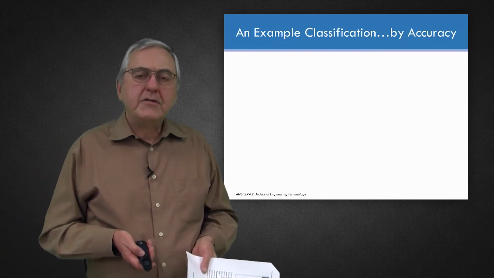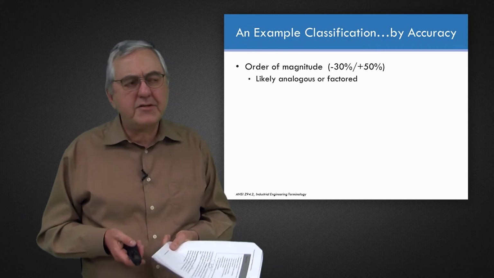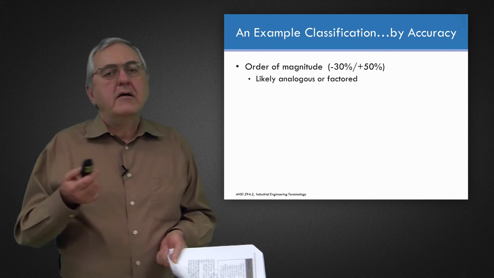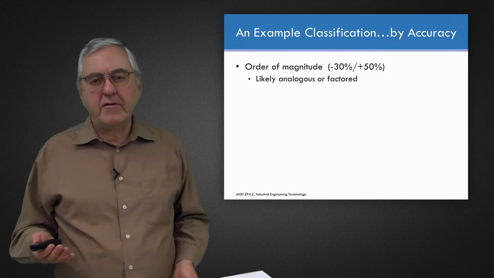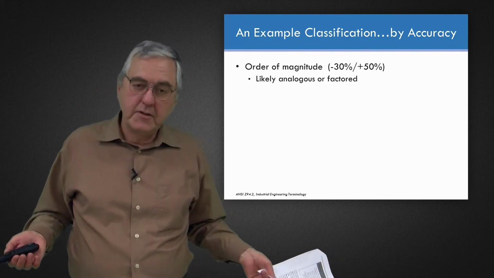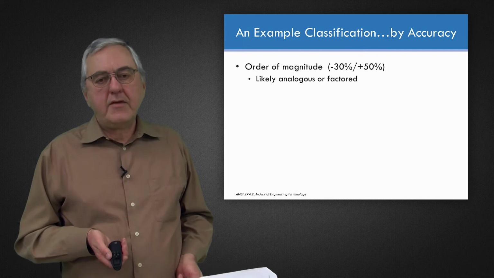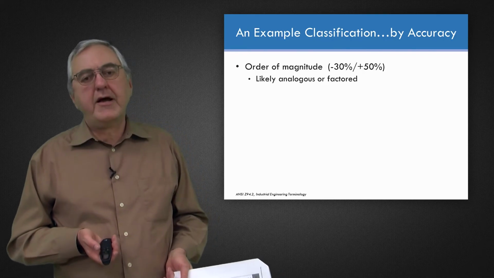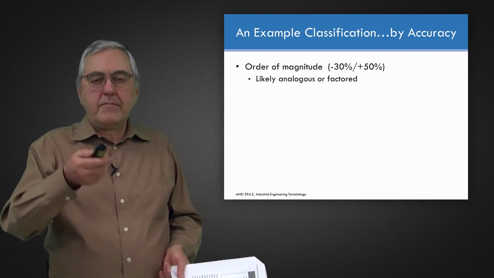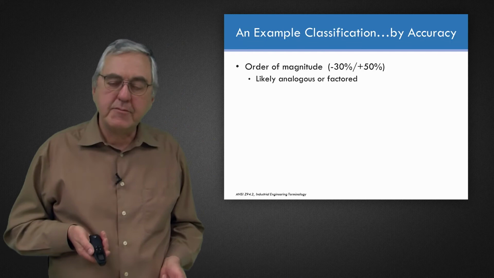So here's an example classification of estimates. It's impossible to find this kind of classification system that's relevant for all kinds of projects. But in doing a little bit of research, I find that the industrial engineers have defined certain classifications of estimate by accuracy.